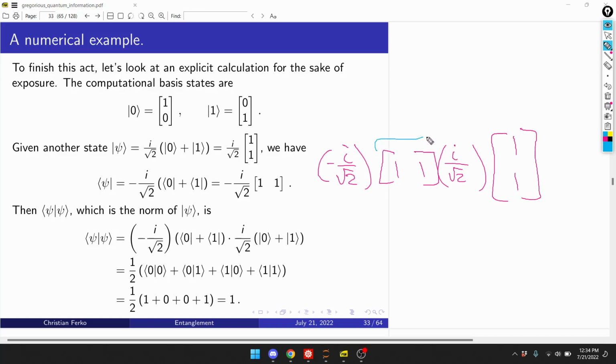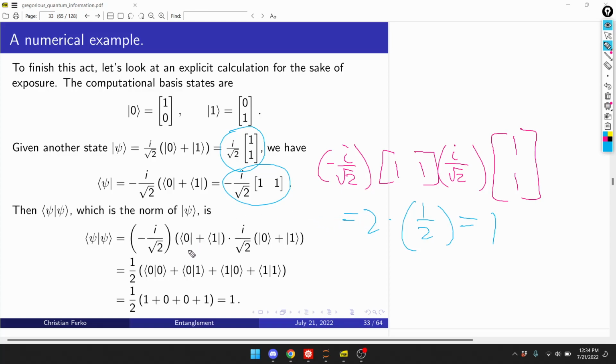Now, I take my matrix multiplication between these two and get 1 times 1 plus 1 times 1 is 2. And then I have to multiply i over root 2 times minus i over root 2, which gives me 1 over 2, which is 1. That's how to evaluate the bra-ket in terms of column and row vectors.